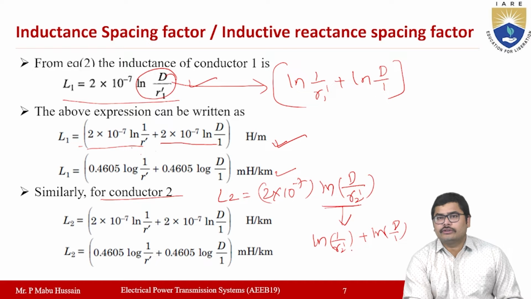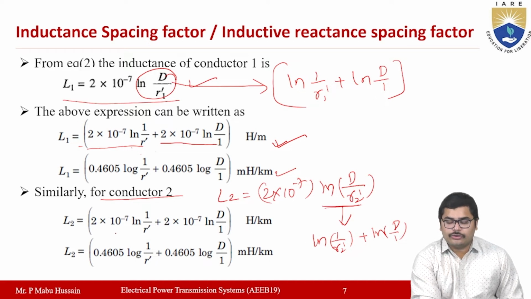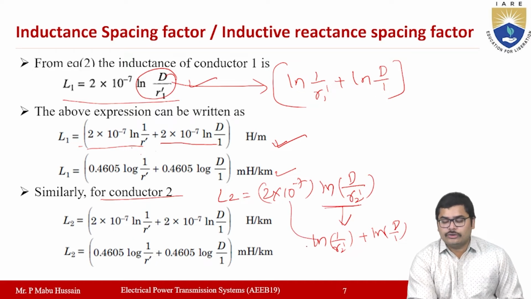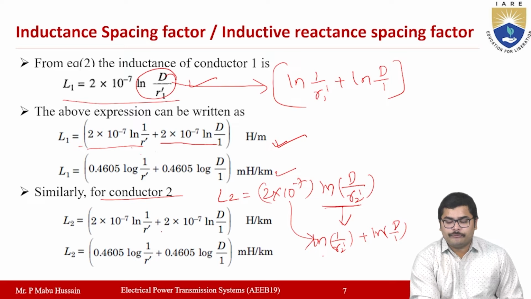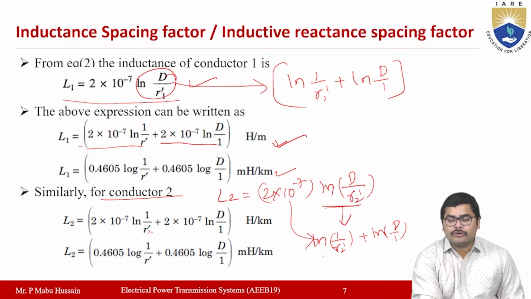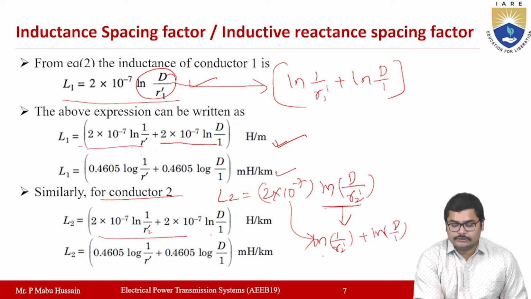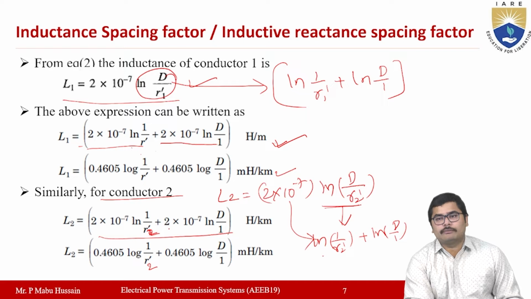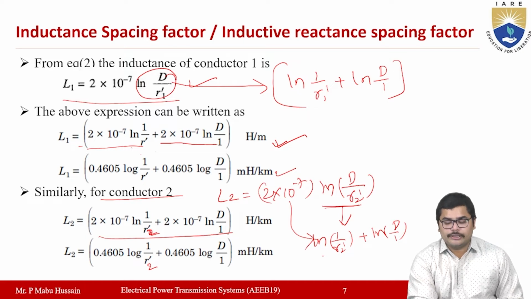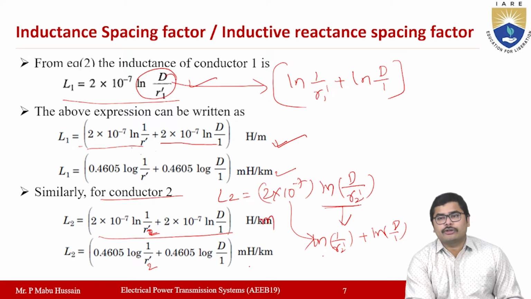Then L2 you can write as 2 into 10 power minus 7 ln 1 by r2 dash plus 2 into 10 power minus 7 ln d, so this equation you will get. Similarly, if you convert ln into logarithmic terms and henries per meter into millihenries per kilometer, you will get this equation.